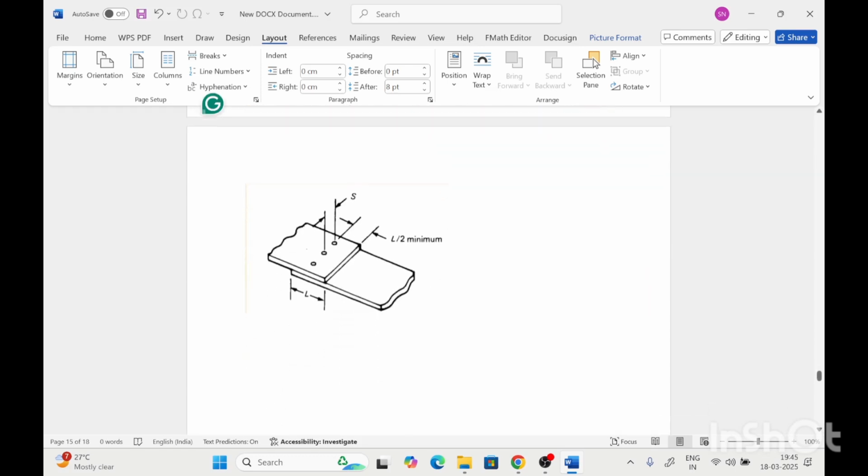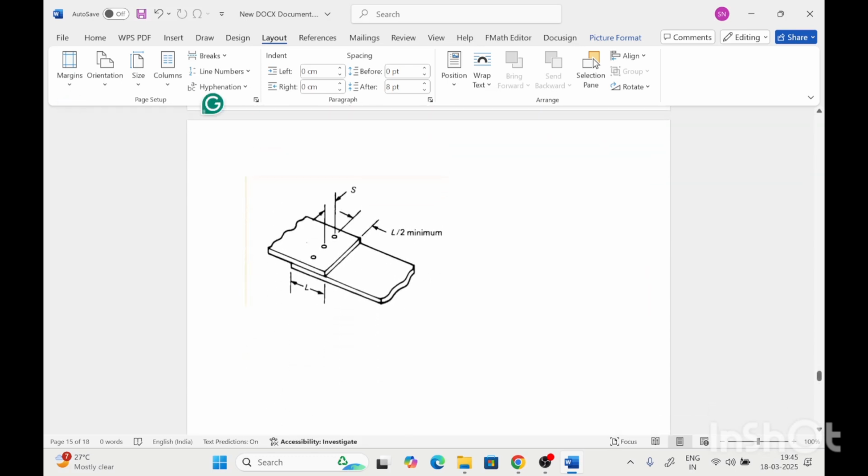Next is the welding joint geometry. This is the geometry of the spot weld or nugget.